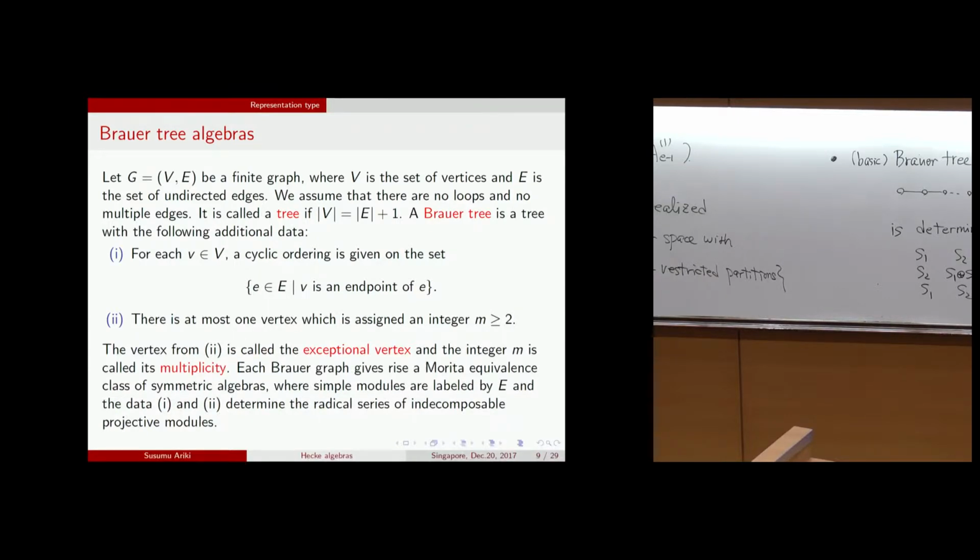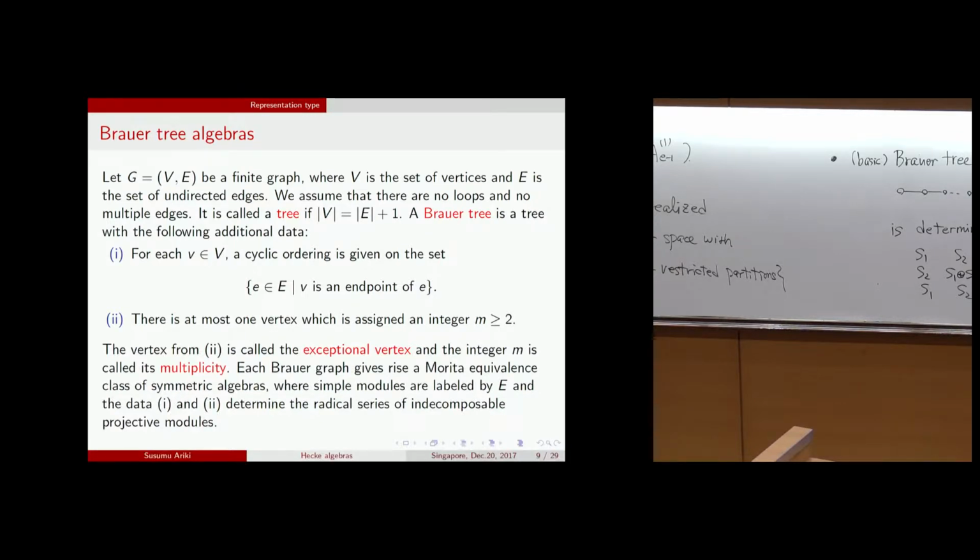And there is a standard definition which defines a class of symmetric algebras called Brauer graph algebras. Here you only consider Brauer trees.